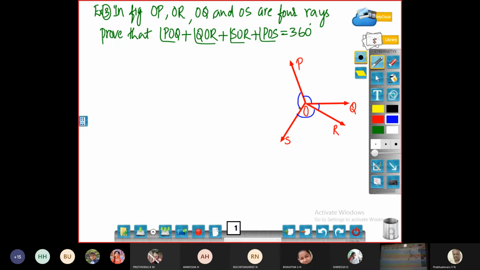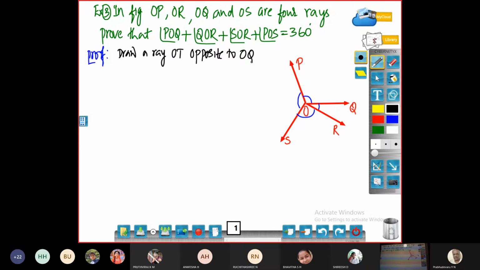To prove this, we need a construction here. What is that construction? I'll write here: draw a ray OT opposite to OQ.